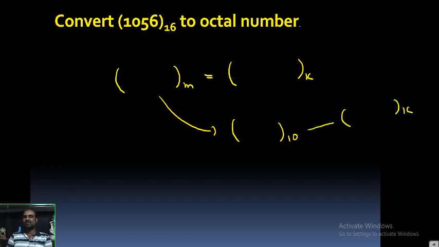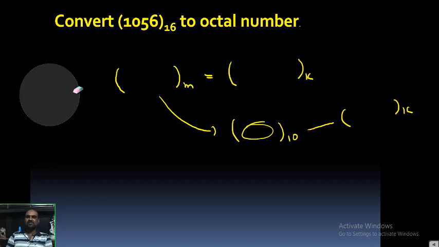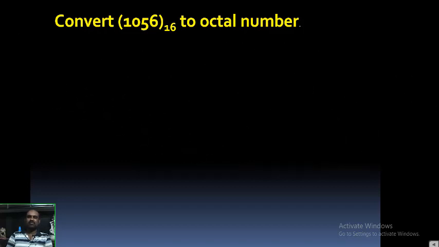Directly can't convert base m to base k. First of all, base m to base 10 by using the basis representation theorem. After base 10 to base k, just divide this number by k, you get a new number. That number is obtained by the remainders.